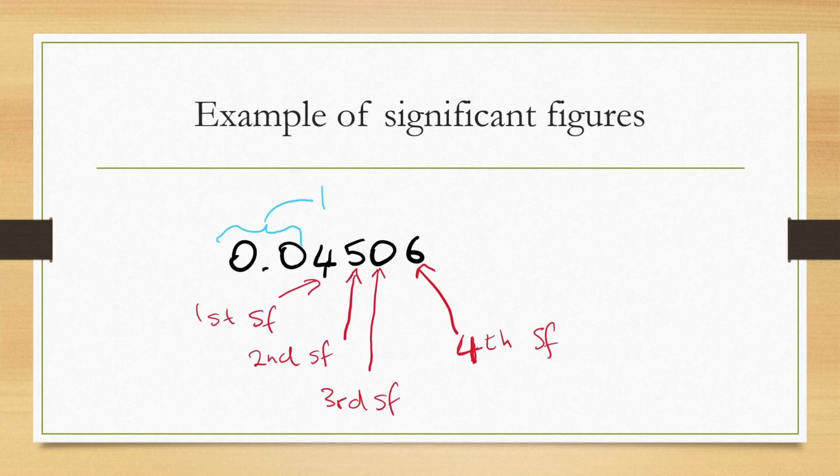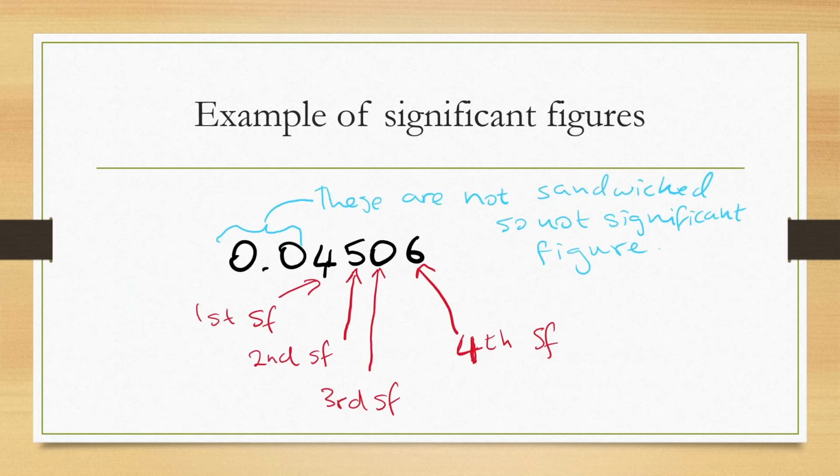Another example is this one: 0.04506. When you start counting from left to right, the first value is 0, so 0.0.